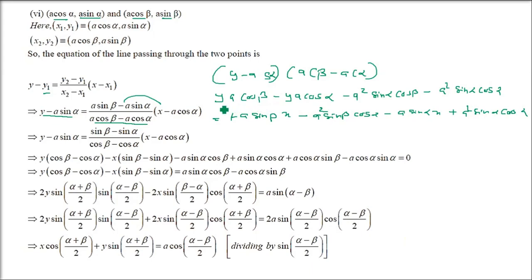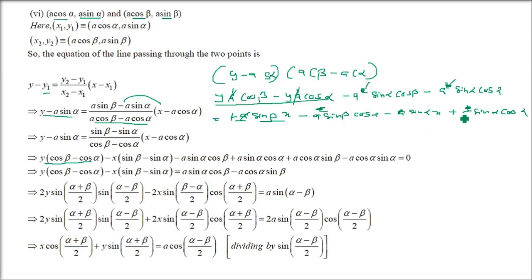So we have taken y, put it like this, don't worry about that, and cos beta minus cos alpha you multiply. Otherwise this A square will all come, and that will be very difficult to handle. So previously I cancelled A from numerator and denominator. Then we have sin beta minus sin alpha by cos beta minus cos alpha. Now I multiplied it. Y with cos beta minus cos alpha will be here, and on the right hand side x into sin beta minus sin alpha.